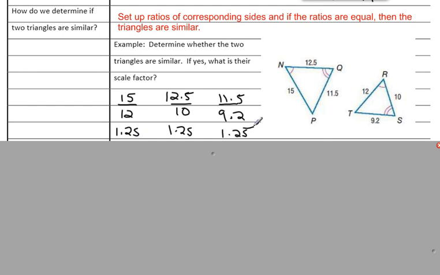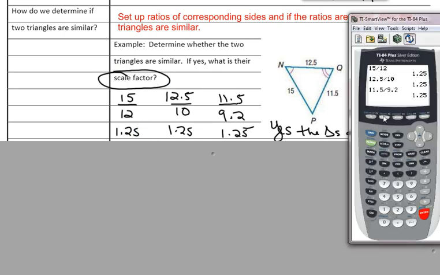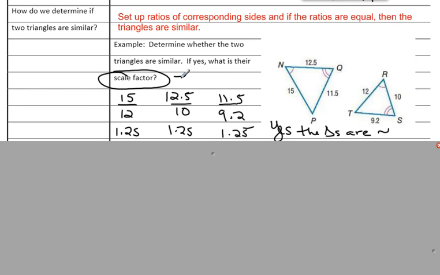Since all three ratios are equal, we would say yes, the triangles are similar, and their scale factor is this 1.25, but as a reduced ratio. So we would press Math, Enter, Enter, and we would get 5/4. Because we want a reduced ratio, a reduced fraction would be the scale factor.